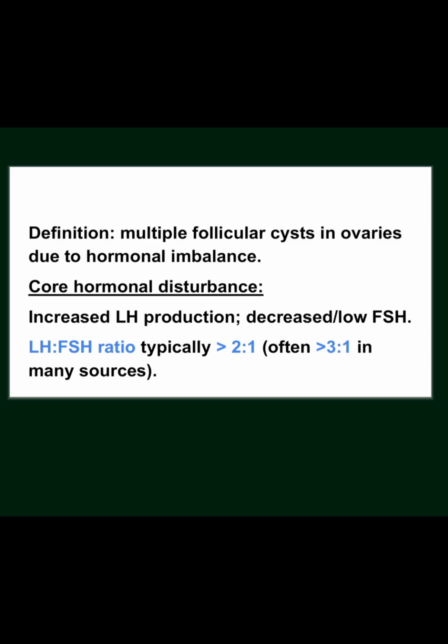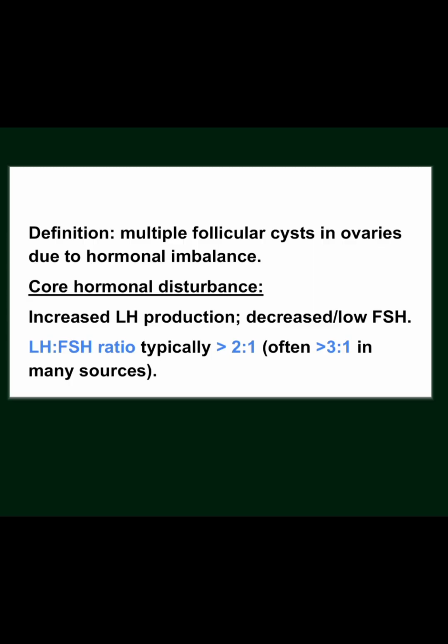When the androgens are deposited into the adipose tissue, there's a peripheral conversion of those androgens to estrogen, which is just a weaker form of estrogen, because remember, we need a stronger form of estrogen, which is normally produced in the ovaries, in the granulosa cells. We need that estradiol.